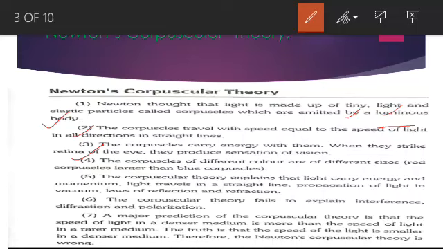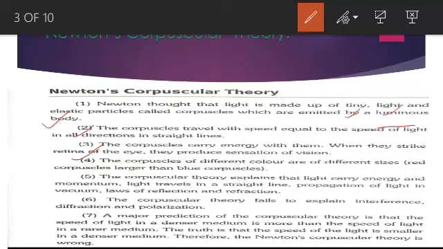So this is Newton's third postulate. In the third postulate, Newton said that when a corpuscle of light strikes the retina of the eye, it produces the sensation of vision. In postulate number 4, Newton said that corpuscles of different colors have different sizes. So this is Newton's fourth postulate, which says that the size of the corpuscle is different for different colors.